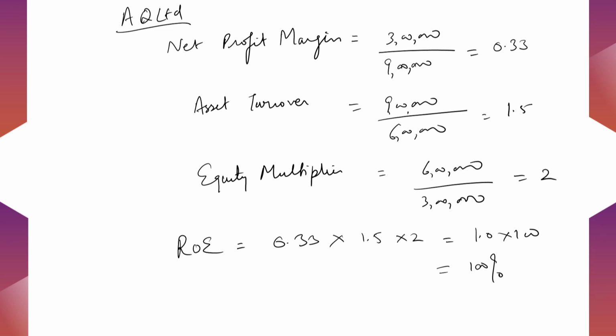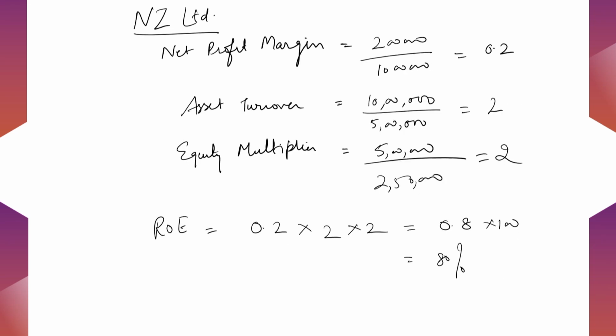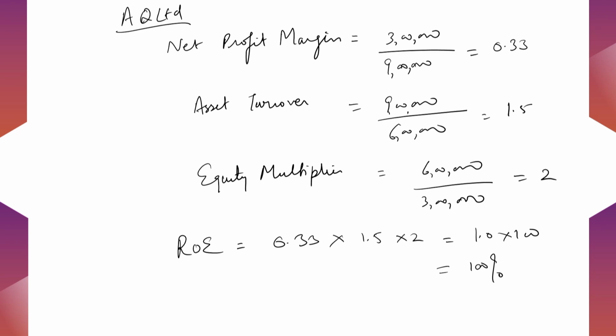Now, you can see in the final results that ROE we computed for NZ company was 80% and that of AQ Limited is 100%. So, we can comment that AQ Limited is having higher ROE by 20%, which shows its operational efficiency related to different activities leads to cost reduction as well as the maximization of profit.